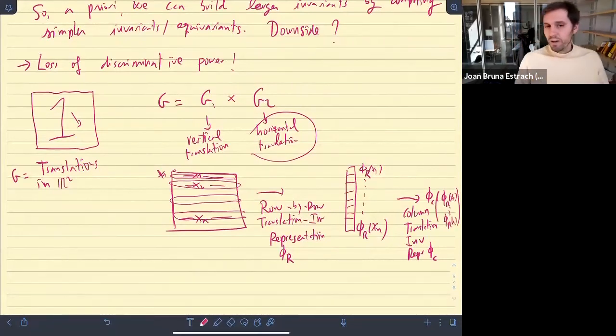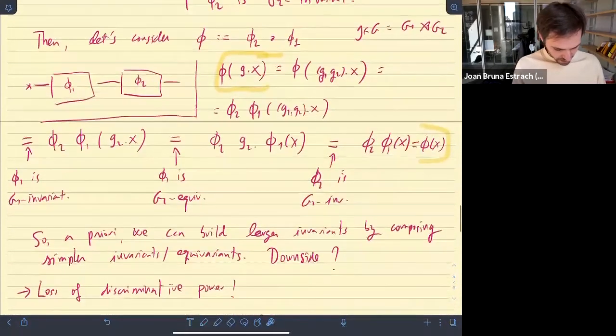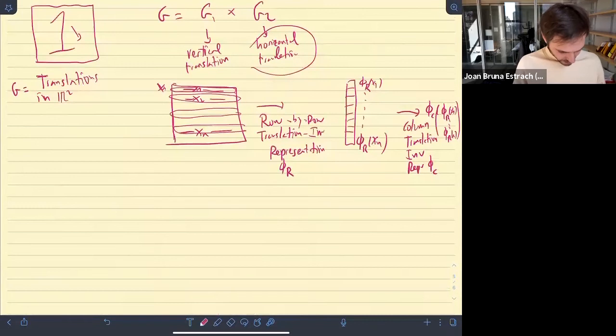Indeed, I can verify by the argument that we had before that this is going to be translation invariant, this technique. But can you see the problem of this representation?